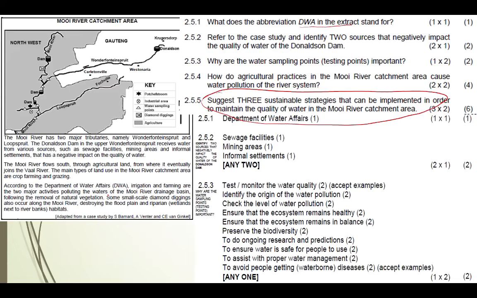That extract can be an infographic, or it can be just one extract that you read from. So most of the questions there will be based on the source that you have. But what is important is strategies. So these sustainable strategies to implement to maintain the quality of water.